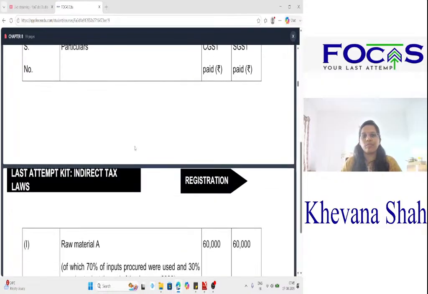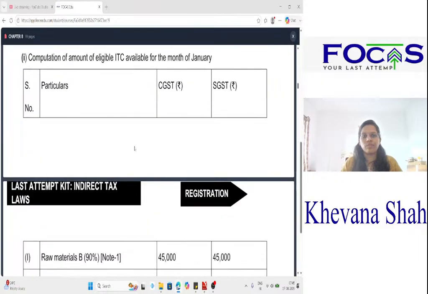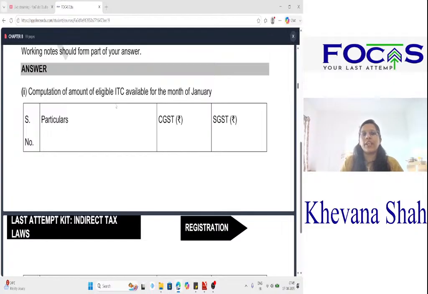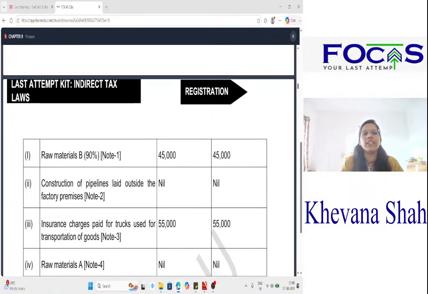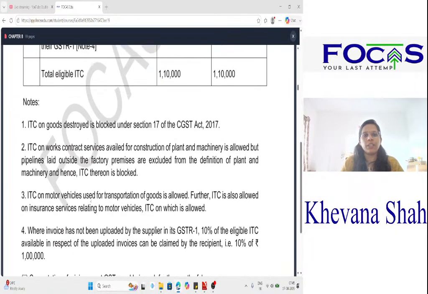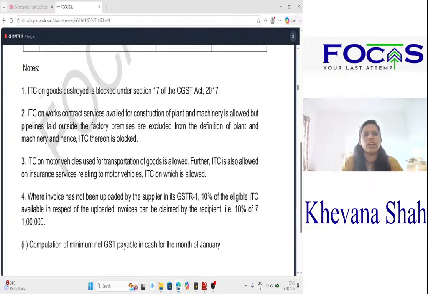Okay. So see, computation of the amount of eligible ITC available for the month of January. On raw material B, we will take only 90%. Why? Because ITC on goods which are destroyed is blocked.